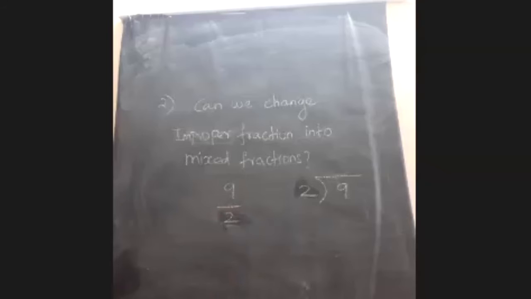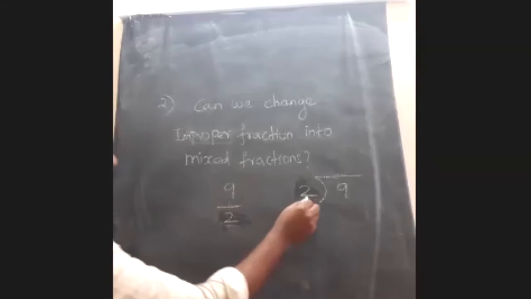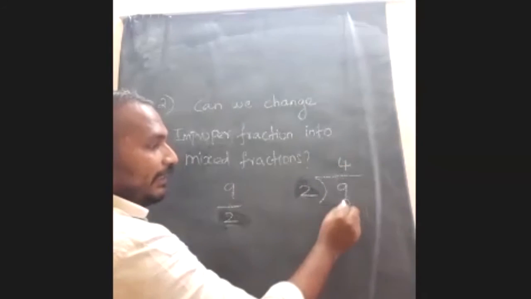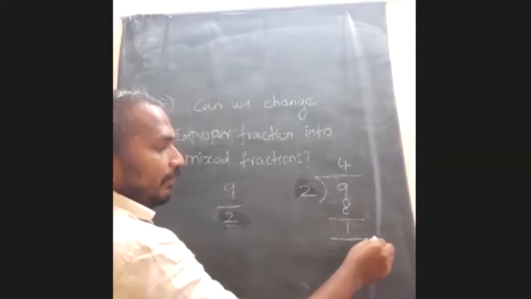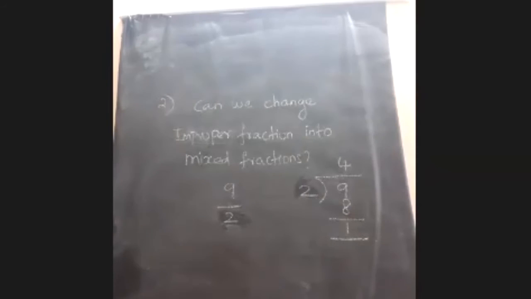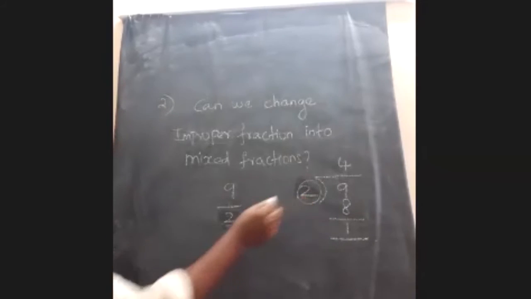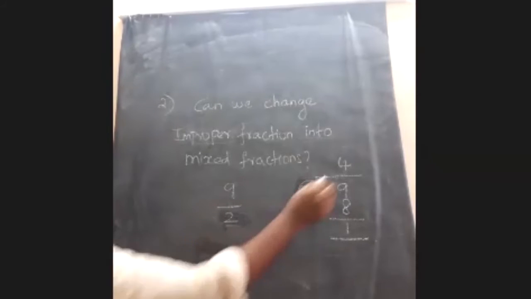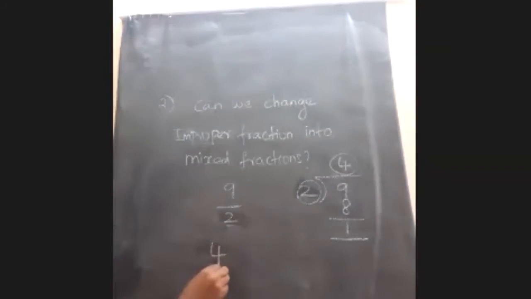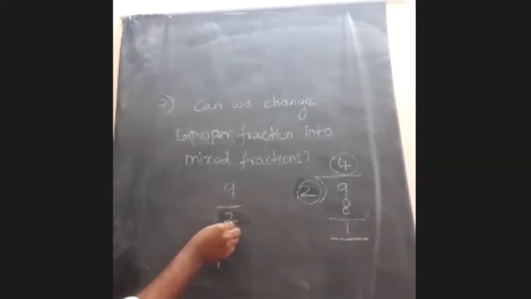So 4 2s are 8. And here is your remainder. Now your quotient will be here, 4, and your divisor, dividend, and this is your remainder.